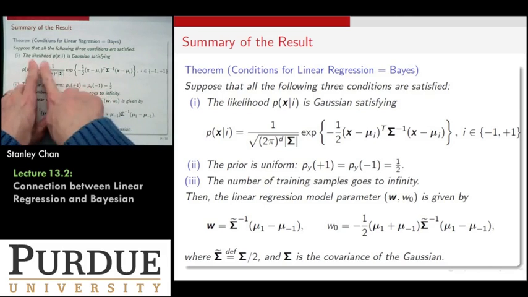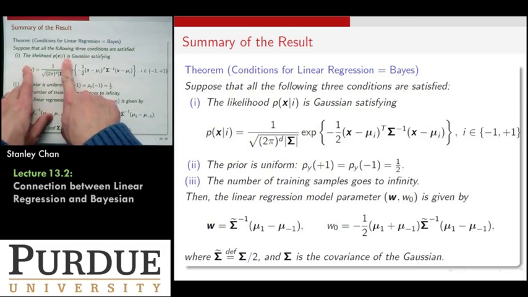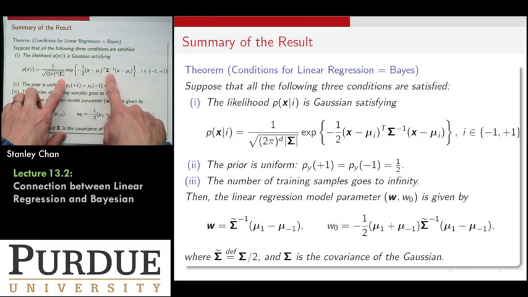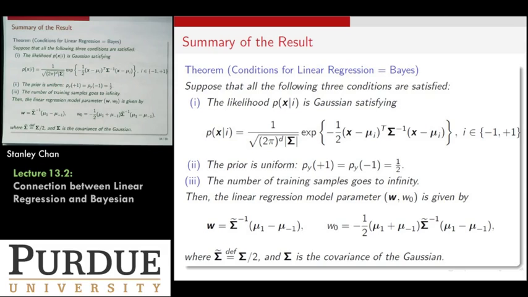The condition is this: the likelihood is a Gaussian, which is something that we should expect. It is Gaussian with a covariance matrix sigma that doesn't change with i, so both classes have the same sigma.